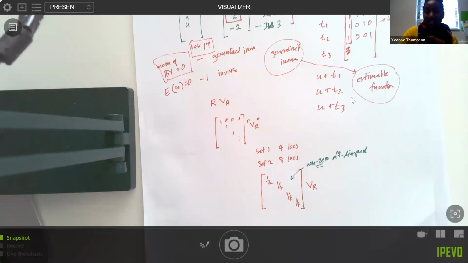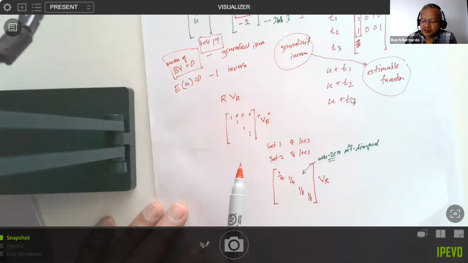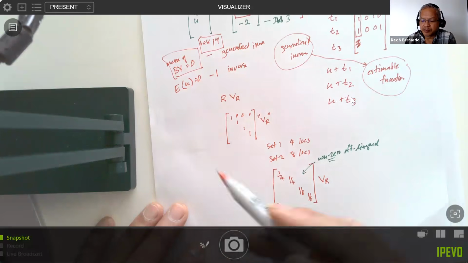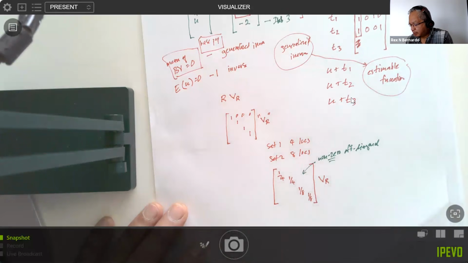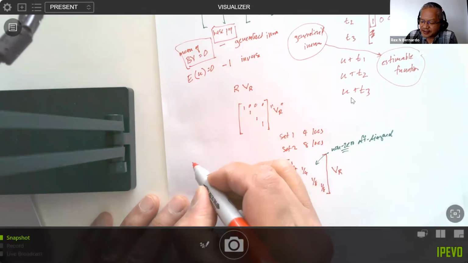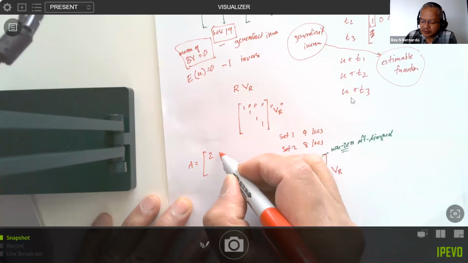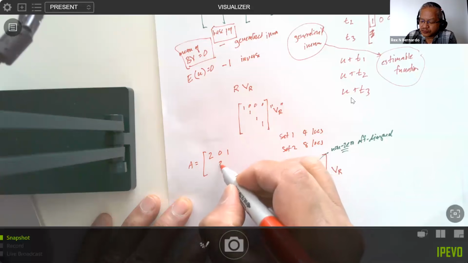Is it just nothing? Okay, so yes, in this example we used pedigree information. If you recall the A matrix, I think it was 2, 0, 1, 2, 2, 1.